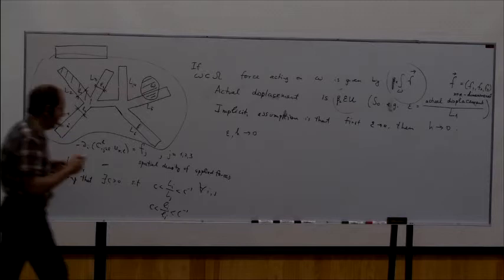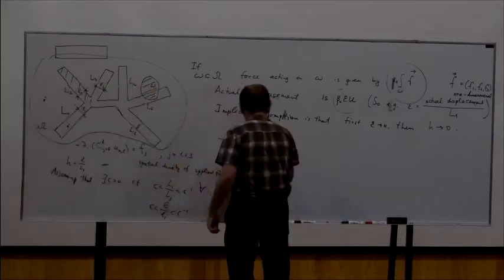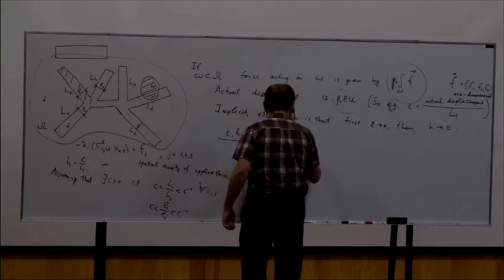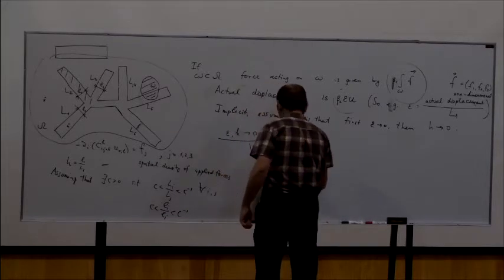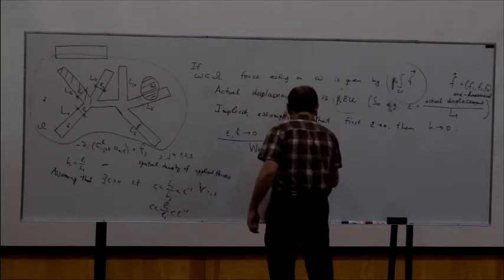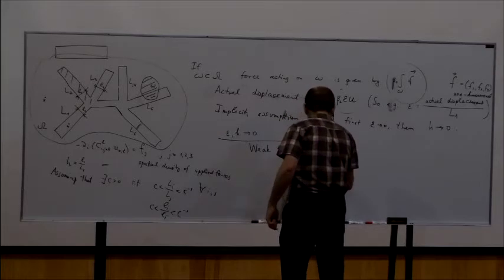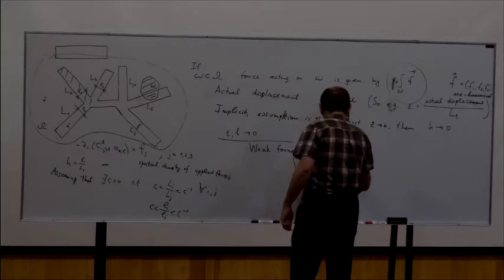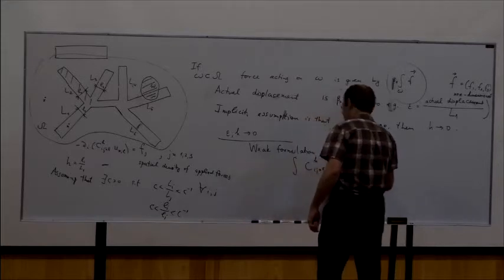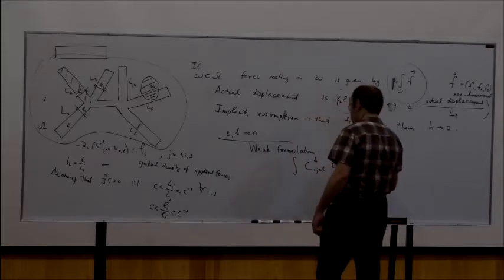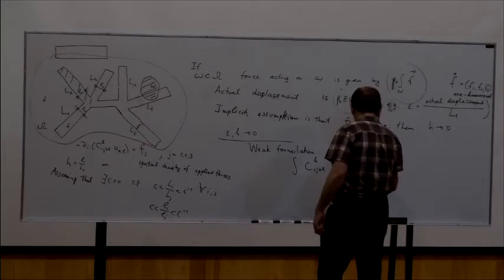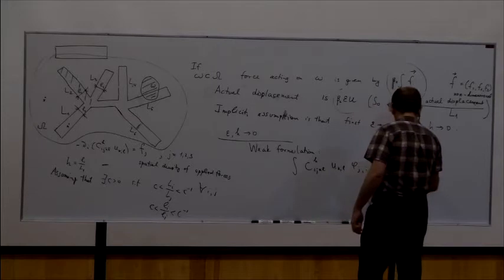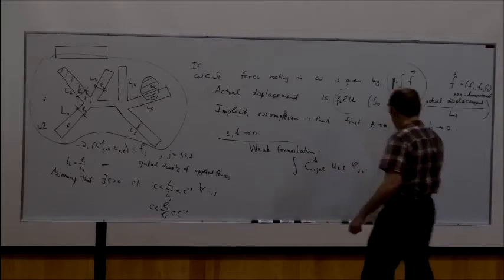So remember, the weak formulation was something like this. It was the integral of C_ijkl u_k,l phi_i,j equals the integral of f_j phi_j, right?